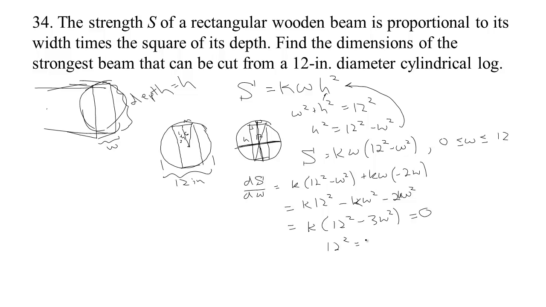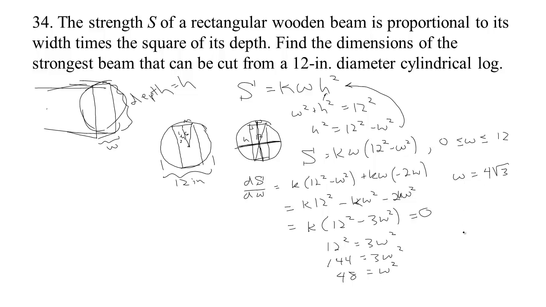Then 12 squared has to equal 3 times w squared. 12 squared is 144, and 3 will go into 144. Let's see, 3 times 16 is 48. Okay, so w squared would have to be 48. So knowing that, then w would be the square root of 48, which would be 4 root 3.